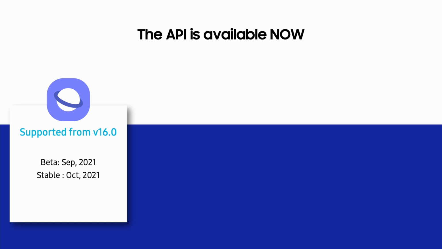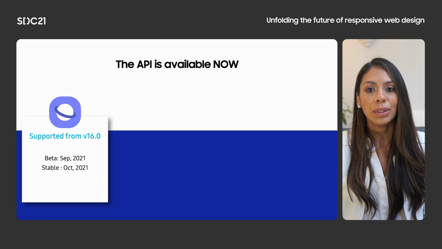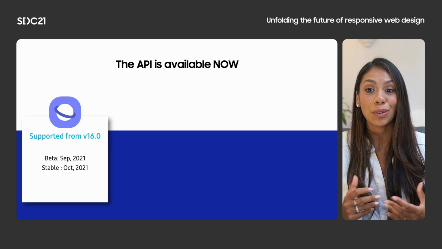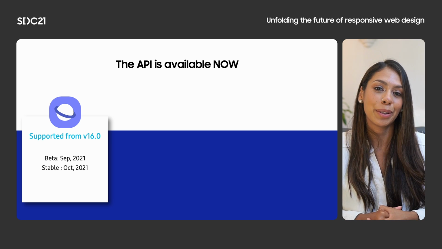Okay, so you're probably wondering when you can start playing around with the Device Posture API. Well, I'm happy to announce that the API is available now, supported from Samsung Internet 16.0. With the API already available, I am very excited to let you know about our new partnerships.